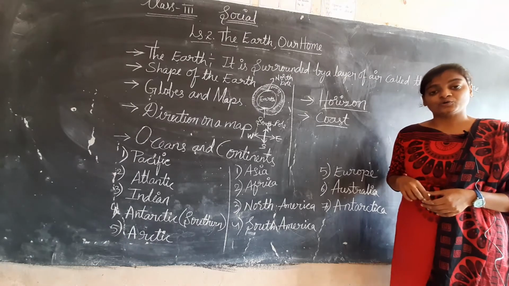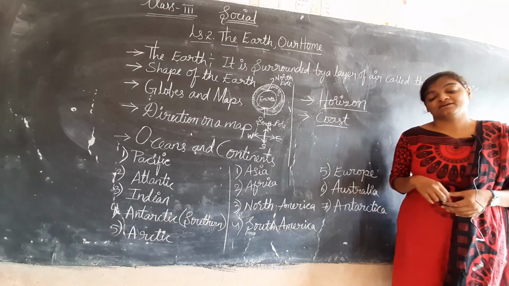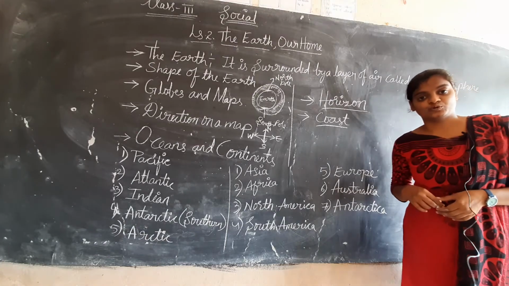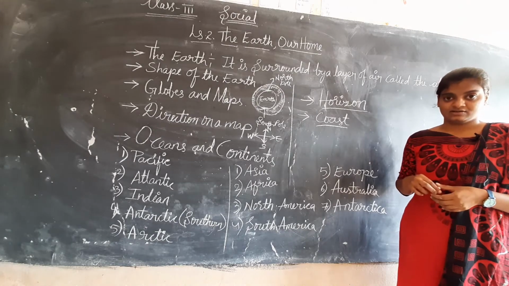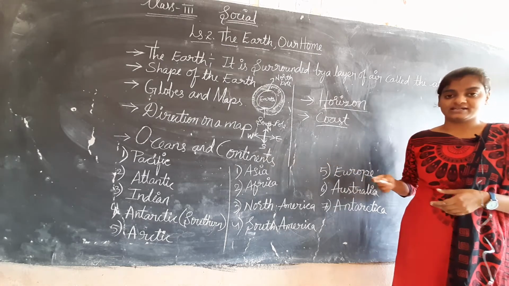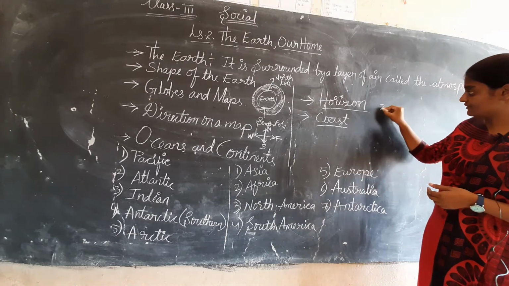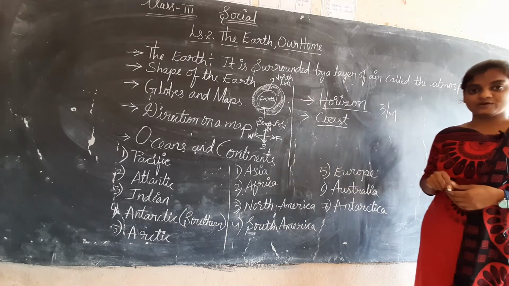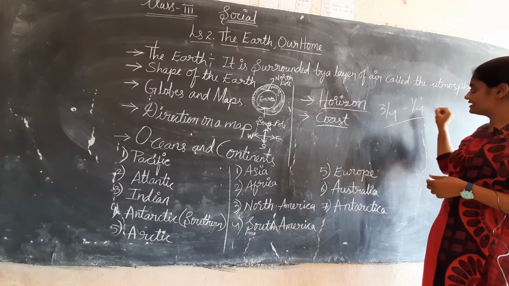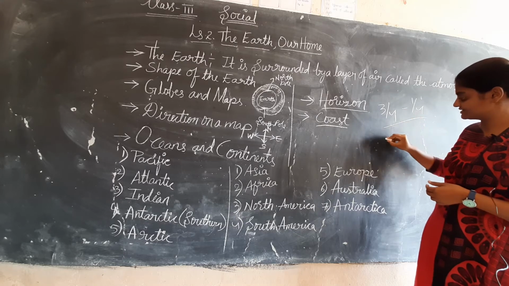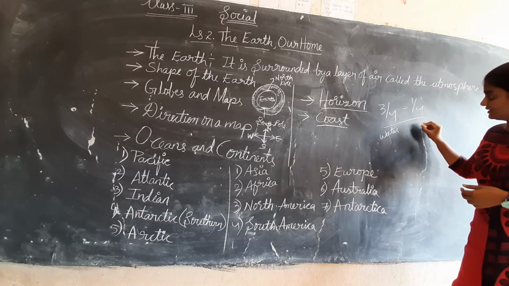In the olden days, people who sailed boats used a compass to know the direction. Oceans and continents: 3/4 of the earth is covered with water and 1/4 is covered with land.